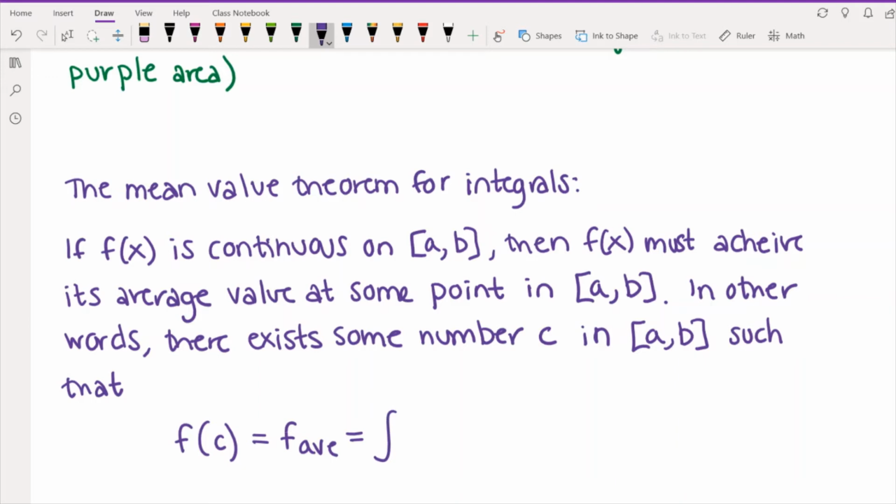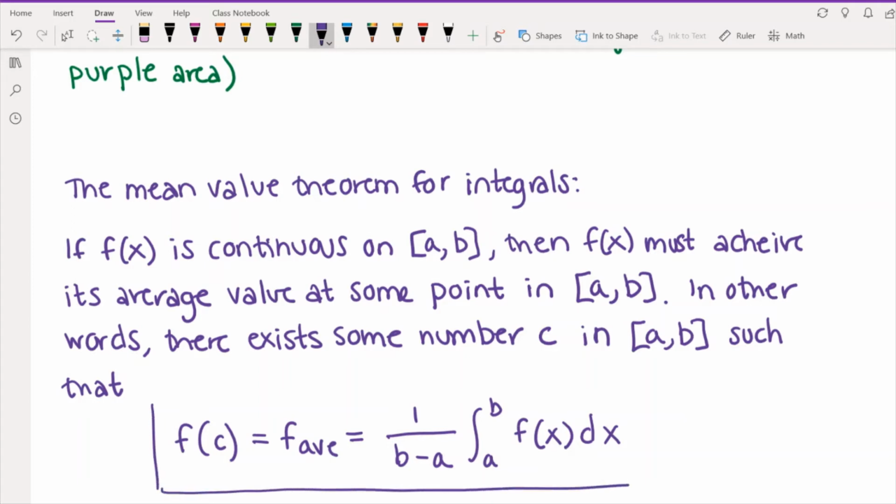So that was 1 over b minus a times the integral from a to b of f of x dx. So one extra thing that we might do in some of these problems is, in addition to finding the average value, find the x value, the point in your interval where the function actually achieves that average value.